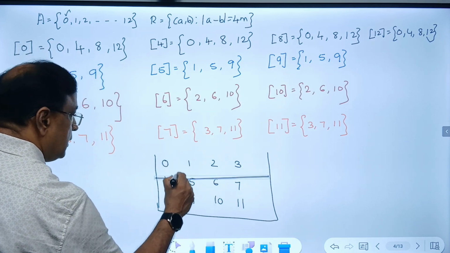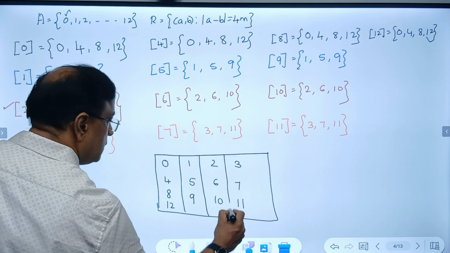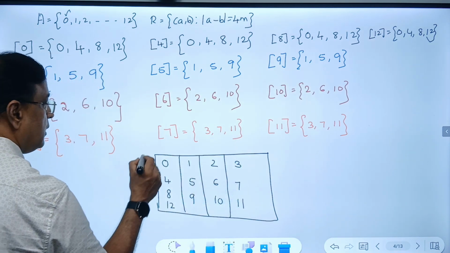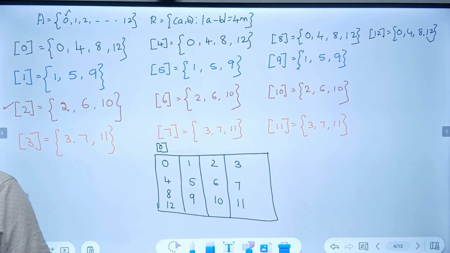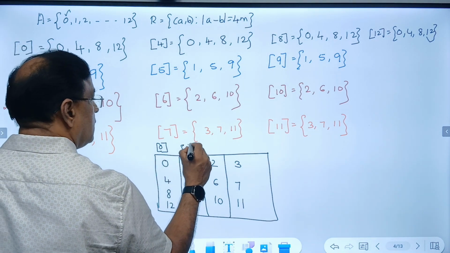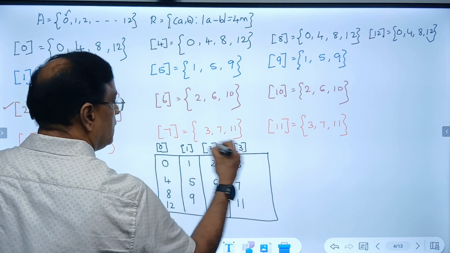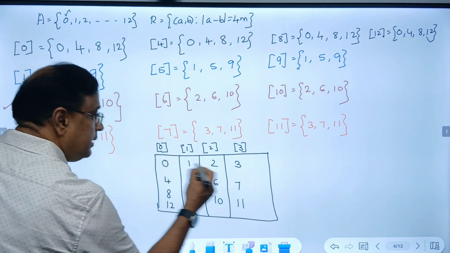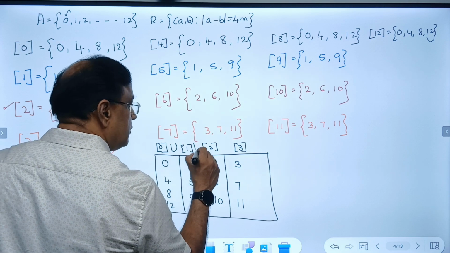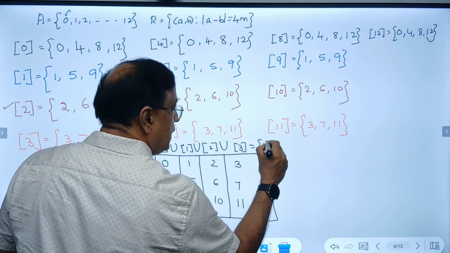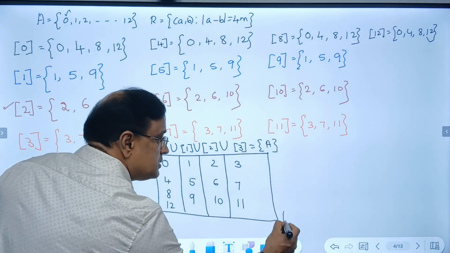Now if I divide them like this, this is the equivalence class of 0, and this is the equivalence class of 1. This is the equivalence class of 2. This is the equivalence class of 3. If I combine them together, I get my set A. You see this? If I put them together, I get my set A.